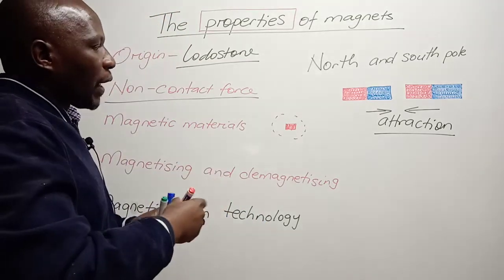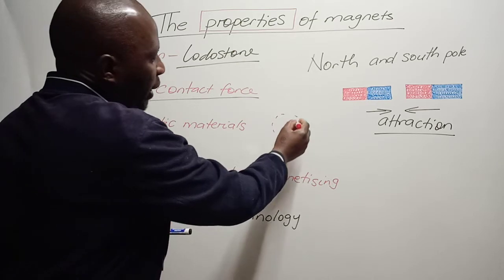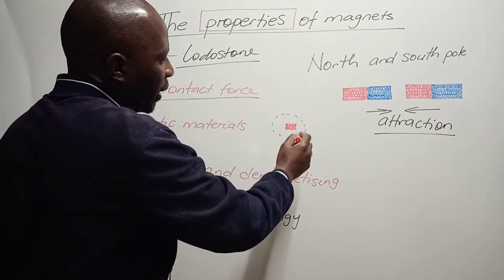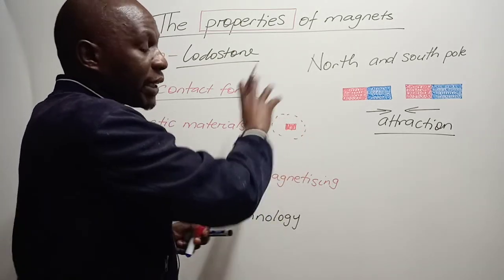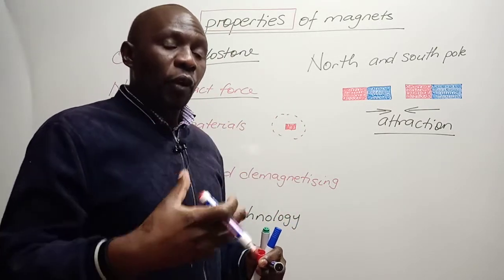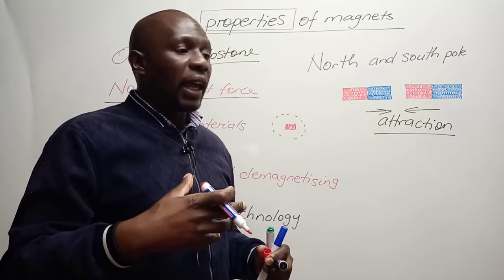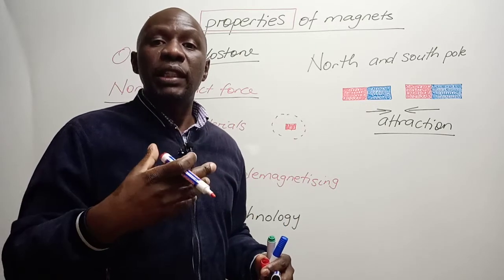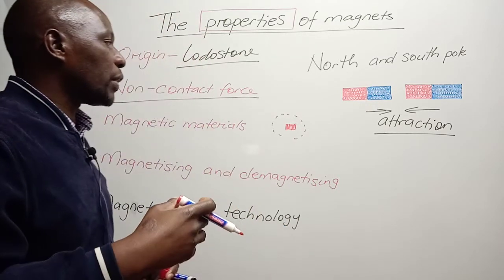So this magnetic field, it's actually a described field. You cannot see it with your own eyes. We cannot see a magnetic field, but we see the effects of a magnetic field, right?